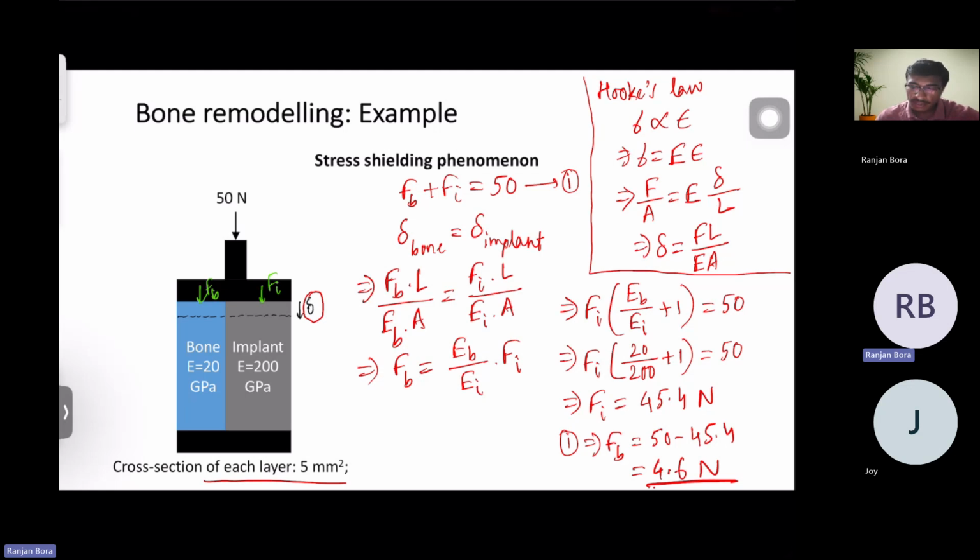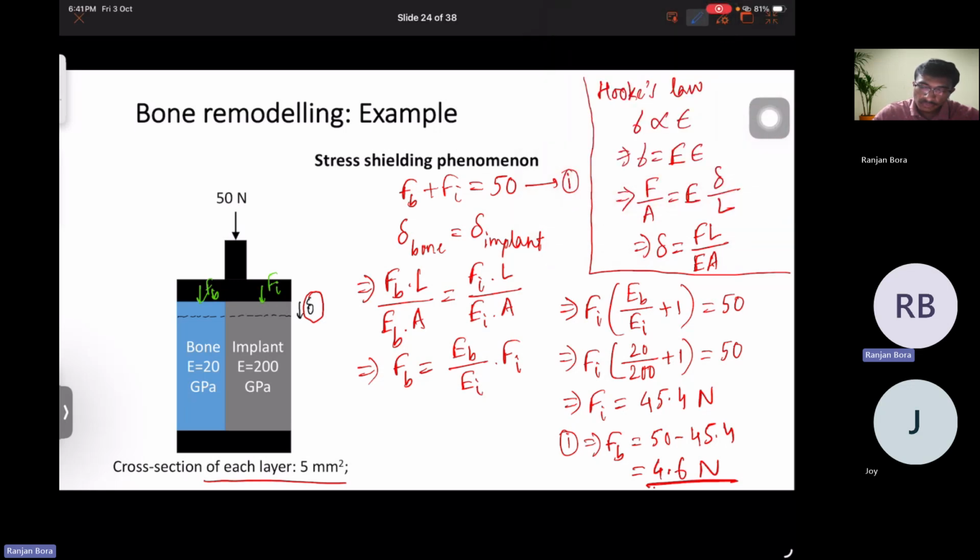So now we can estimate the values of the compressive stresses in the bone and implant. So compressive stress in bone is FB, 4.6, divided by 5.